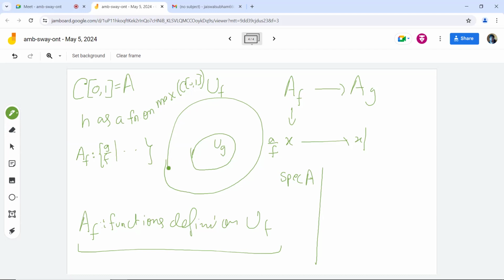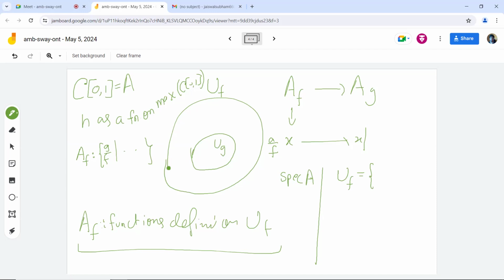Now if you look at Uf, right? What is Uf? It will be just a collection of maximal ideals. So instead of prime ideals, it will be a collection of maximal ideals, those maximal ideals which don't contain f.